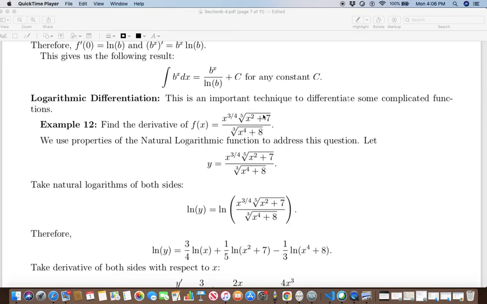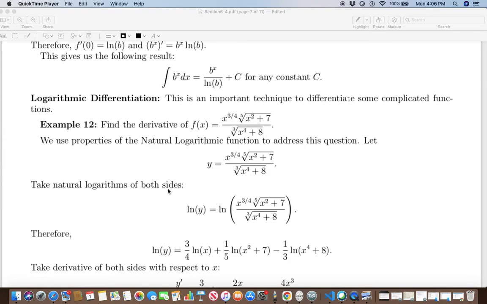Find its derivative. You could, in theory, in practice, find the derivative using quotient rule and product rule and so on and so forth. It's unnecessarily complicated. You can use instead natural properties of the natural logarithmic function. Set y equals all of this.